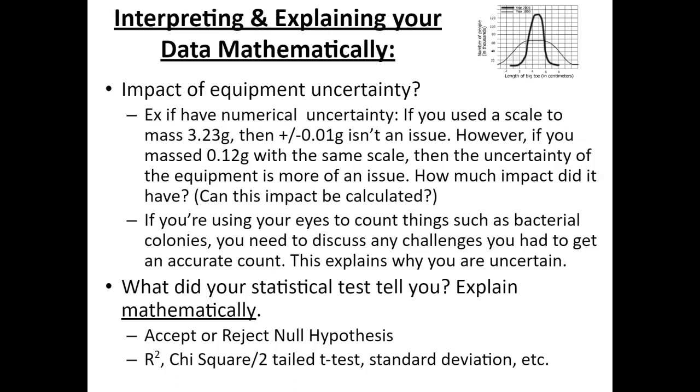So that's a small amount of uncertainty on a number that big. However, if you measured much smaller things with the same scale, for example, 0.12 grams, then plus or minus 0.01 grams is more impactful on those small numbers. So you would want to think about, how do I evaluate the level of impact? And then you do need to discuss that in this section.